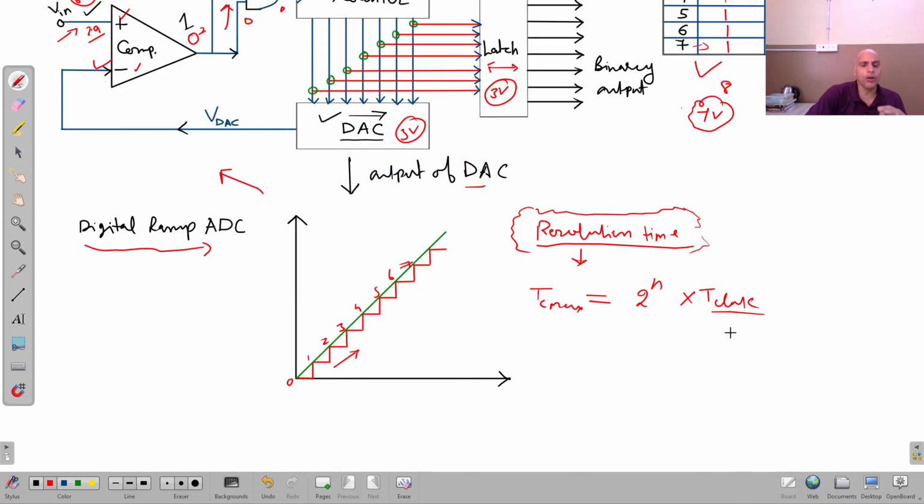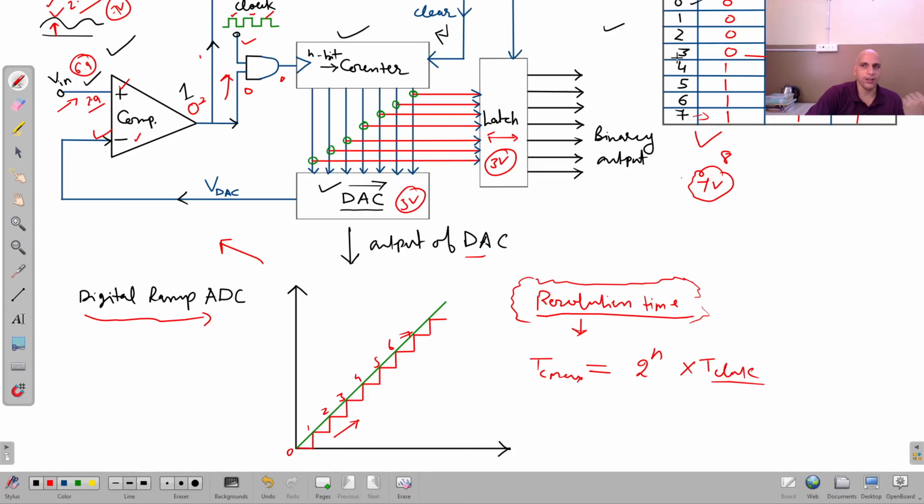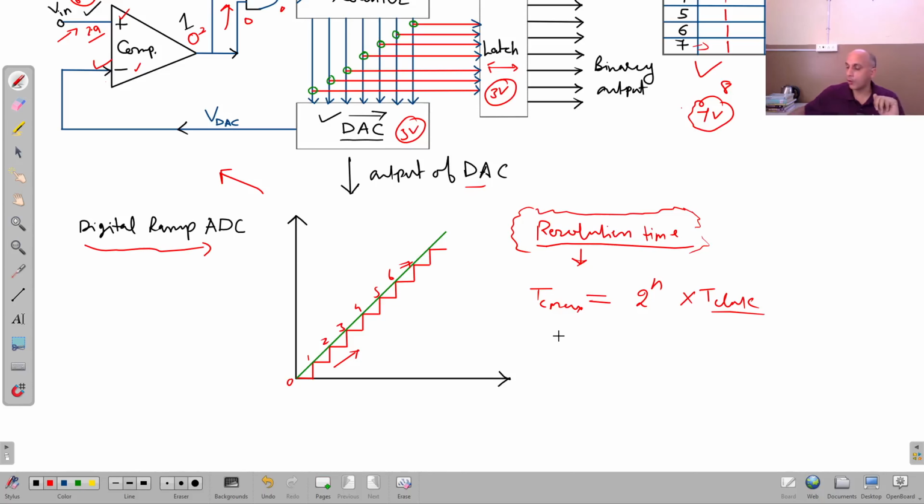So the T clock is the clock time of 1 clock pulse, right?